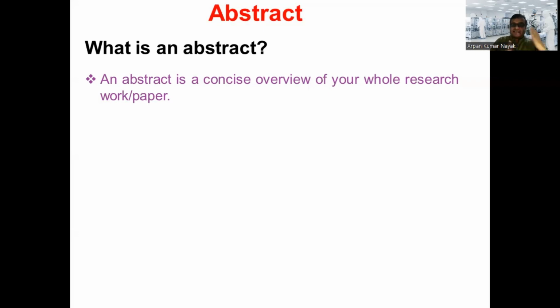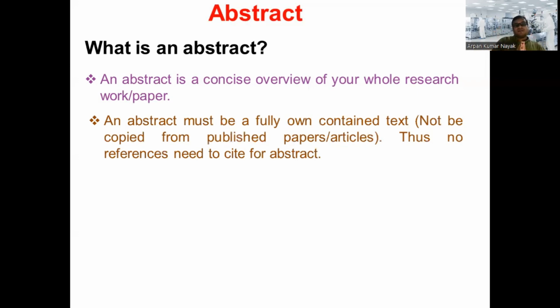Like in title, we take a few keywords. In abstract, we will take a few sentences, and that should be concise. So in abstract, we will focus that it will be concise, attractive, and also informative.